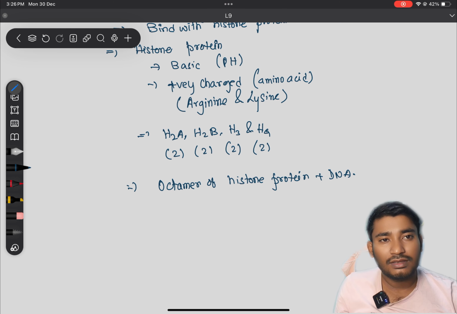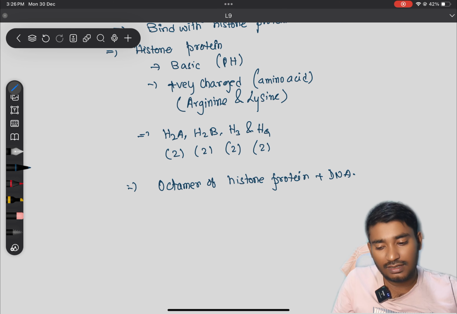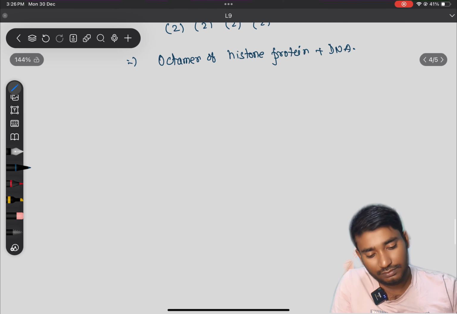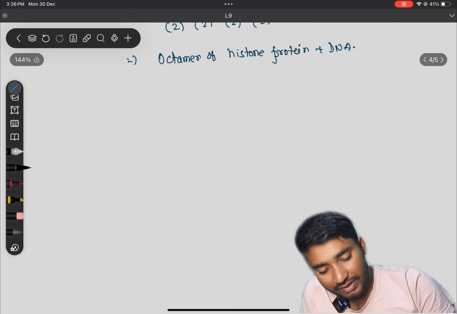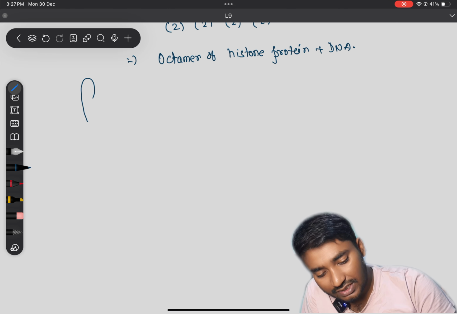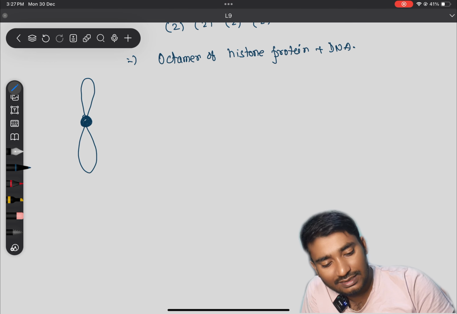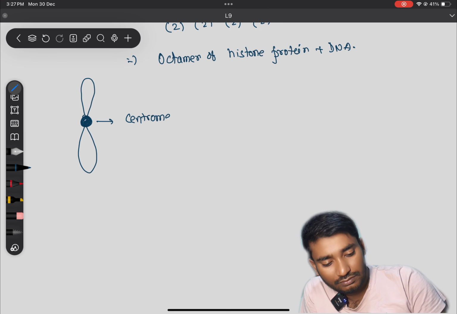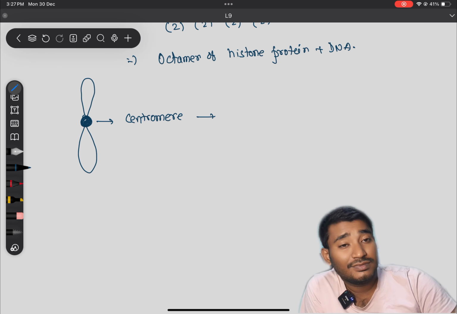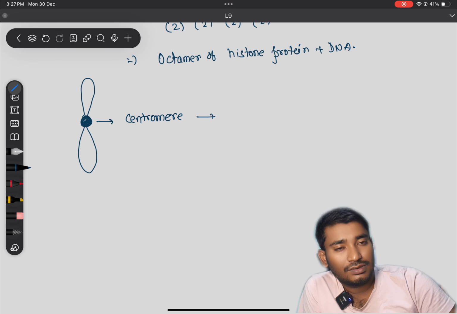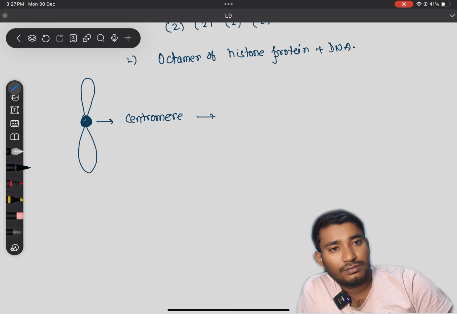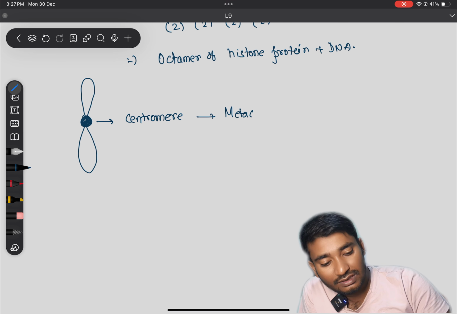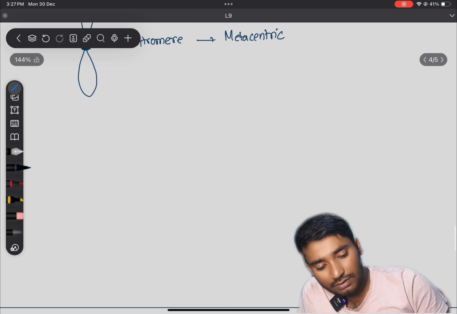Okay, now the last is the chromosome. Very little will be required in this chapter. Chromosome structure. This only comes up: when the centromere is at the center, it is metacentric.